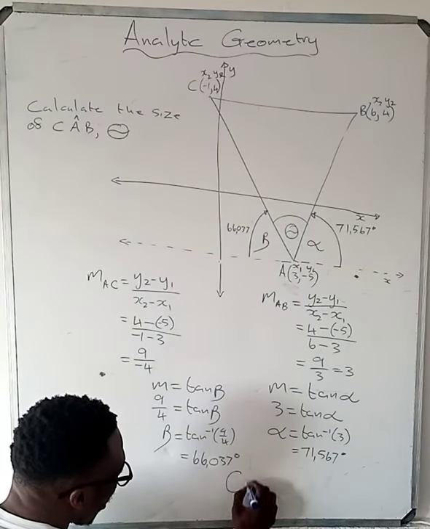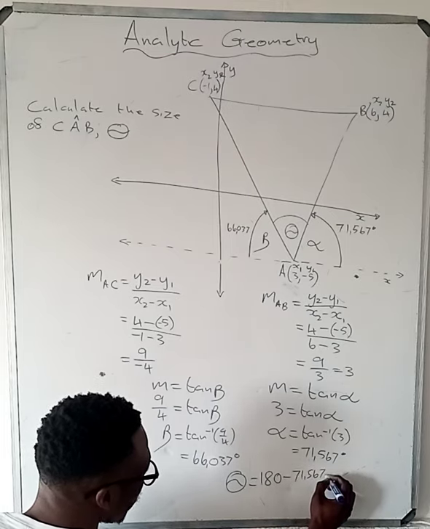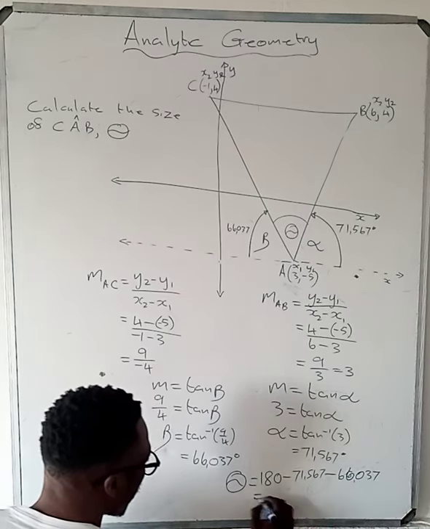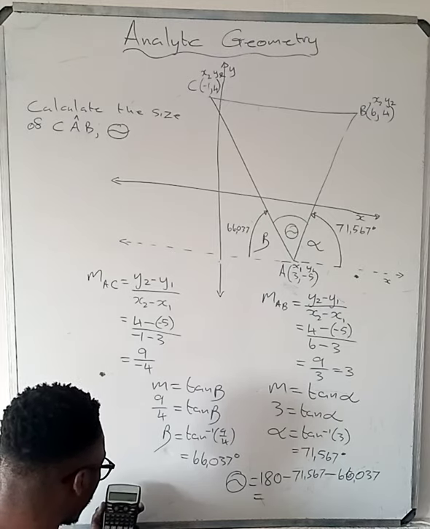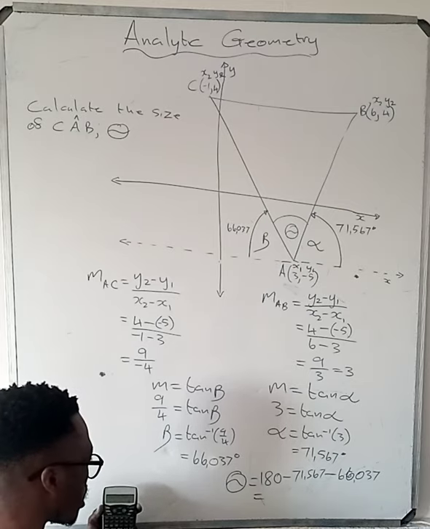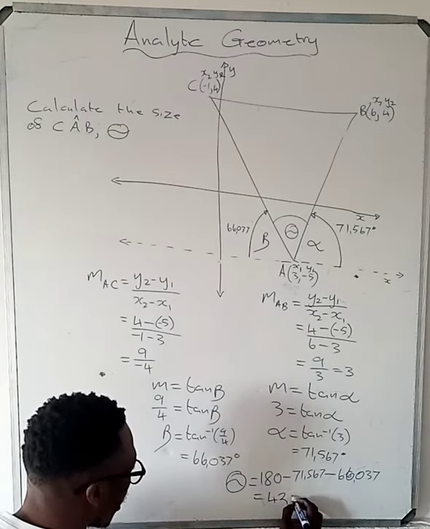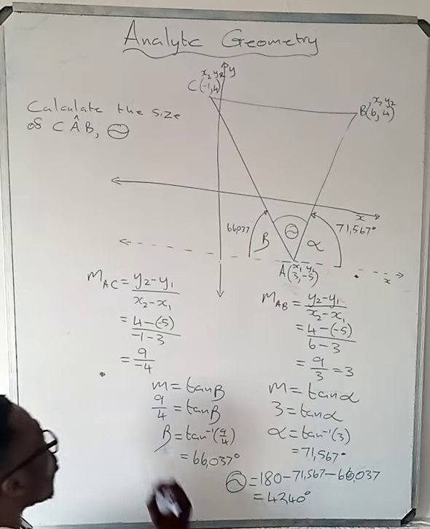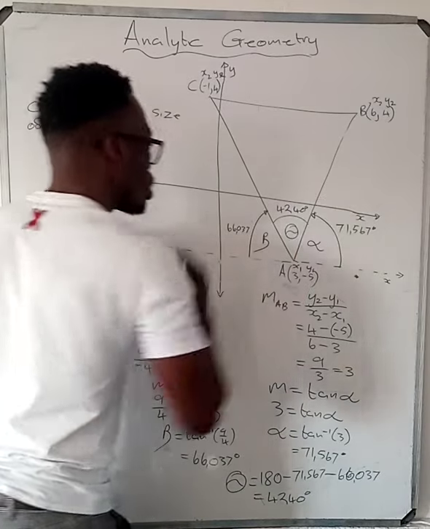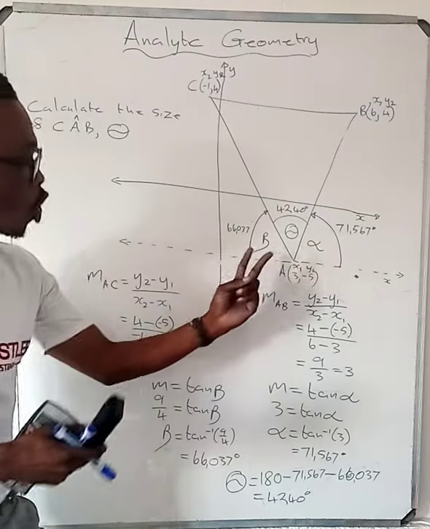So that means alpha wethu is equal to 180 minus 71,567 minus 66,037, and then the answer is about sitsho sisiya 180 minus 71,567 minus 66,037, which is iphume by in 42,40, which is the answer yethu apha ngubani ku 42,40 degrees ne.